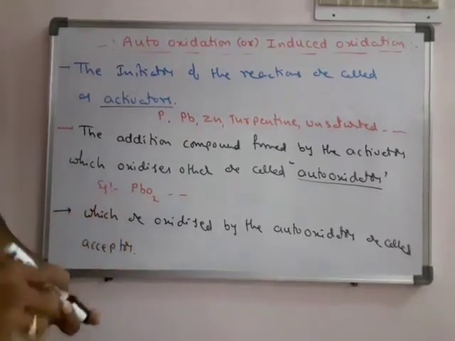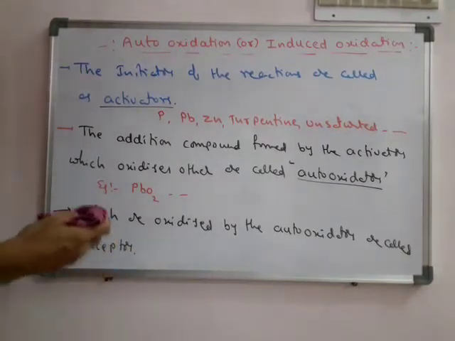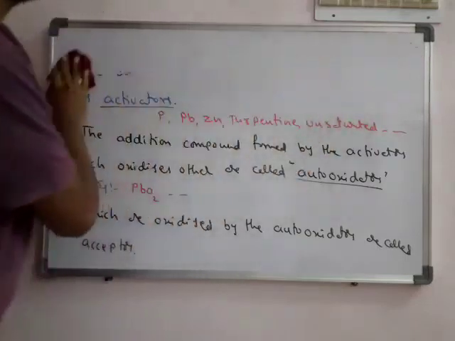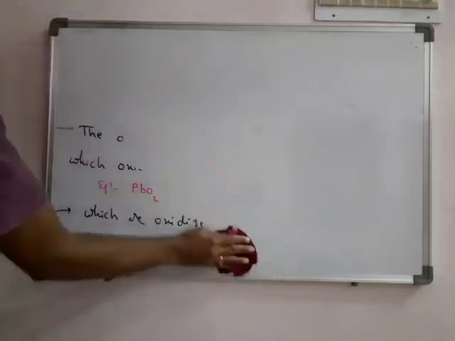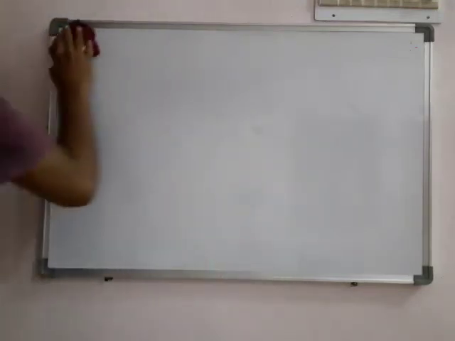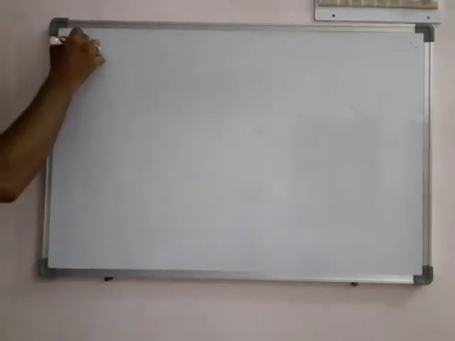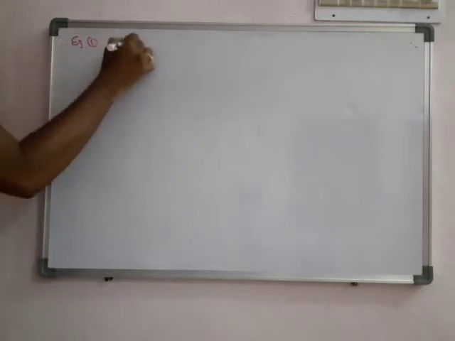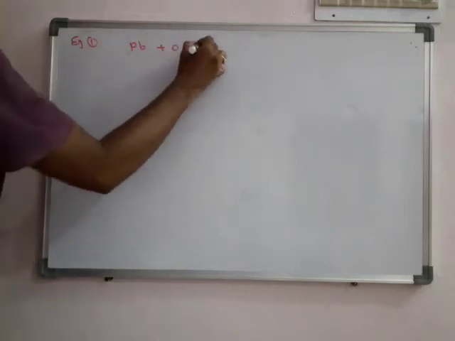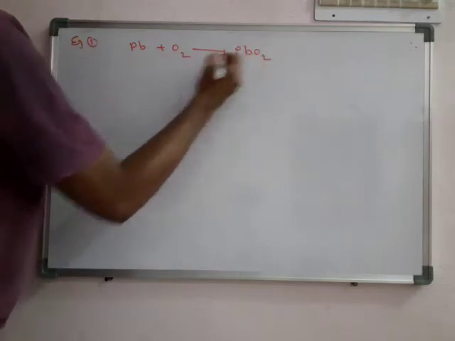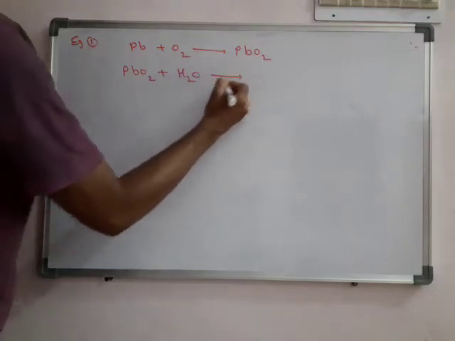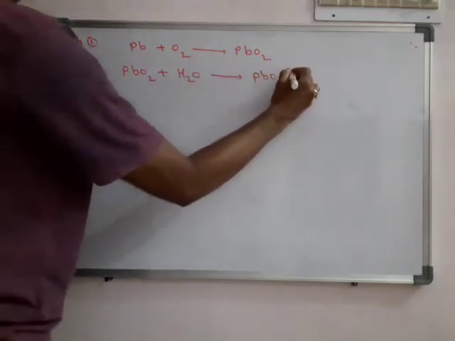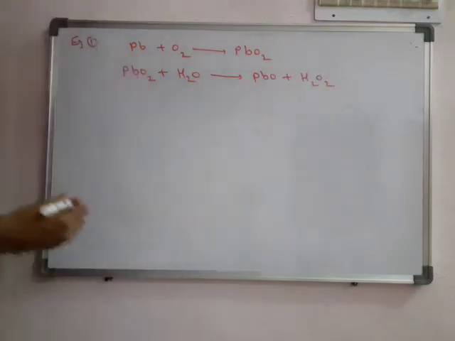Okay, now we see the examples. After seeing examples, you will understand it clearly. So first we see the same example, that is, lead when taken in the air forms an addition compound, lead dioxide, and that lead dioxide reacts with H2O of air and forms lead monoxide and hydrogen peroxide.